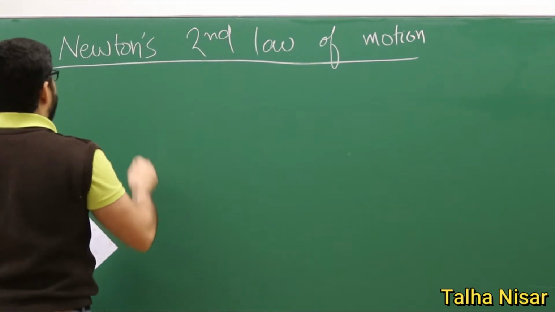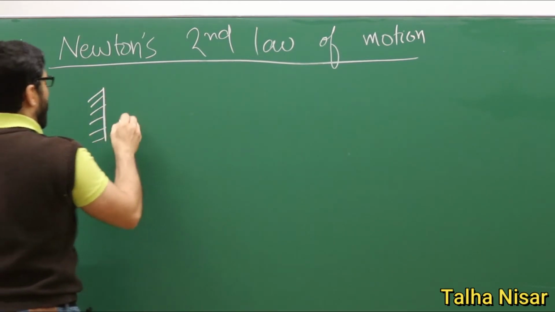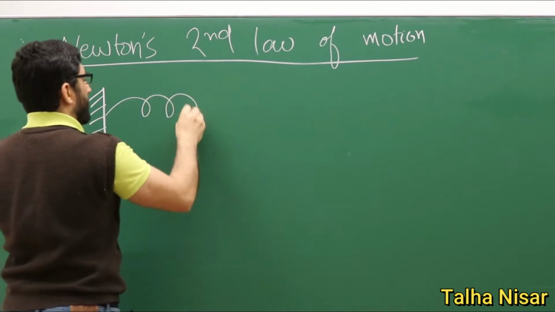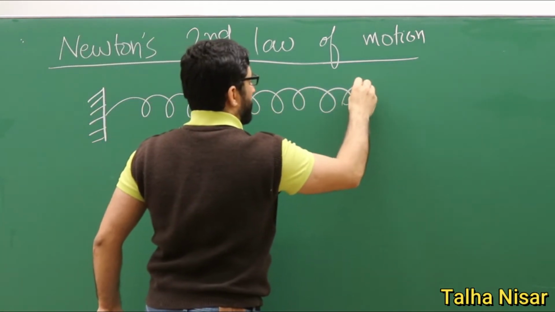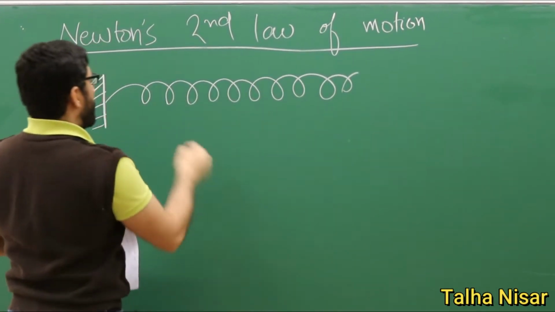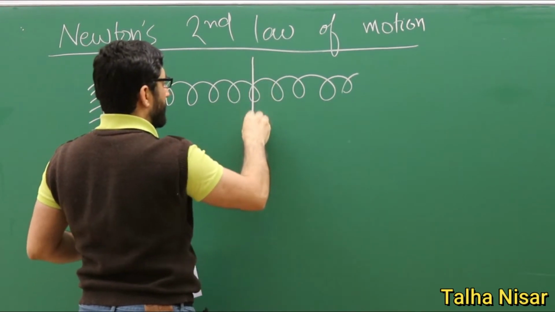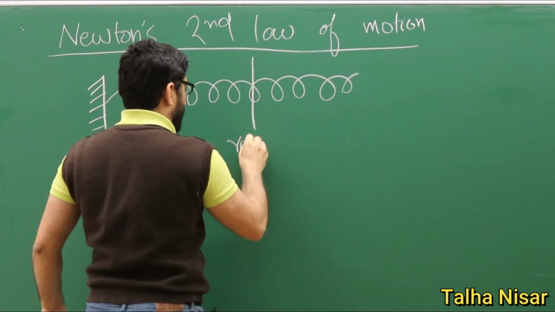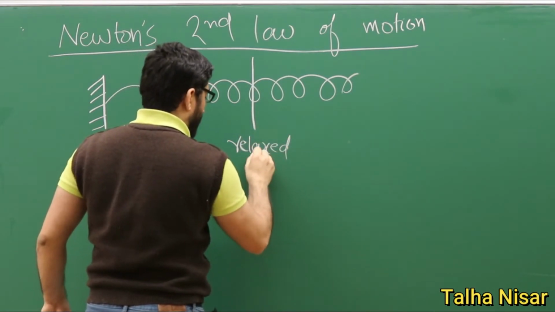So we take an example. We have, for example, a wall, and we have a spring. This is, for example, the relaxed length of the spring.